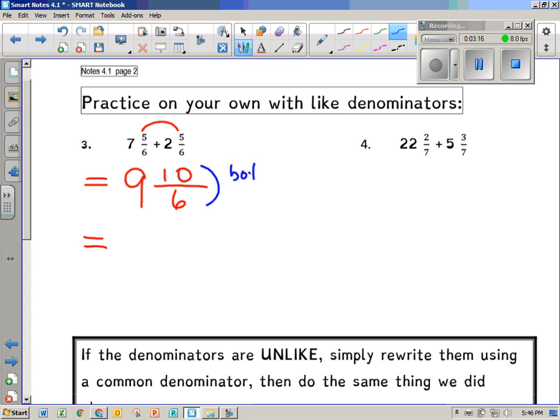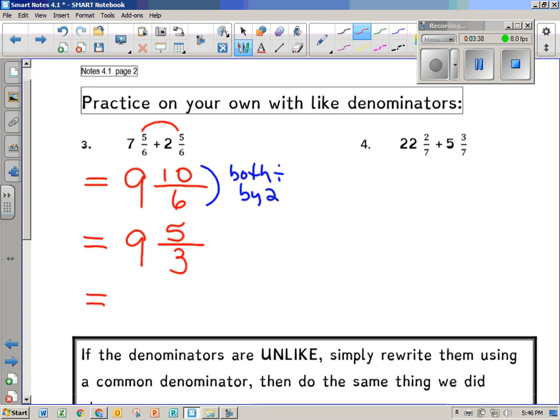Both divide by 2. If you can refrain from writing out in your work the divide by 2 on top and just think about it in your head, you'll be better off. 6 divided by 2 is 3. 10 divided by 2 is 5.